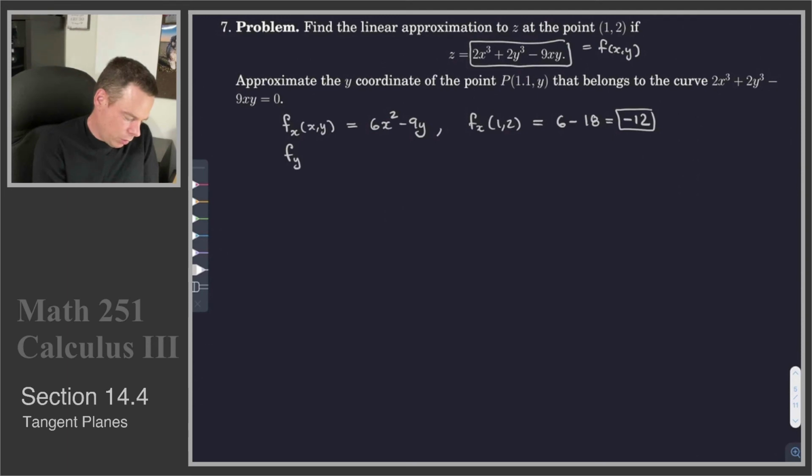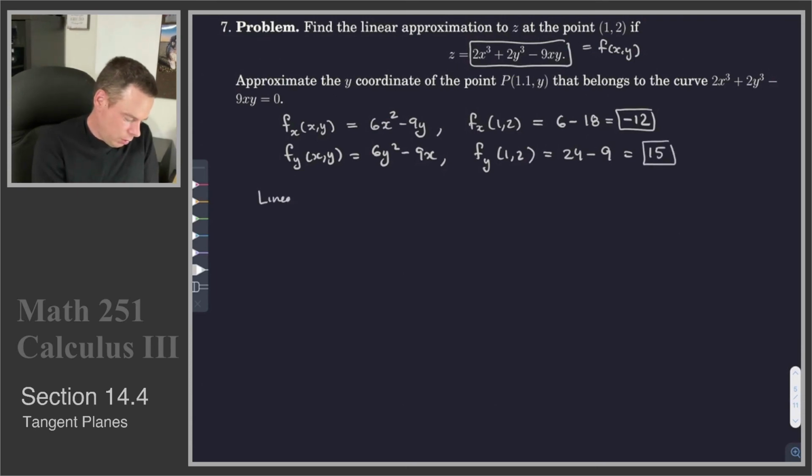We need the y partial derivative as well. That's going to be 6y squared minus 9x. So at the point (1, 2), this is going to be 6 times 4, which is 24, minus 9, or 15.